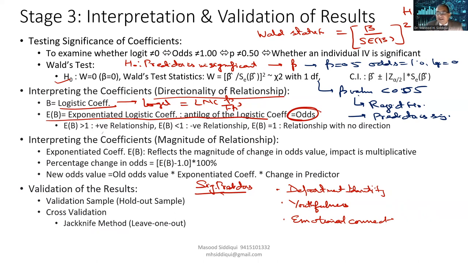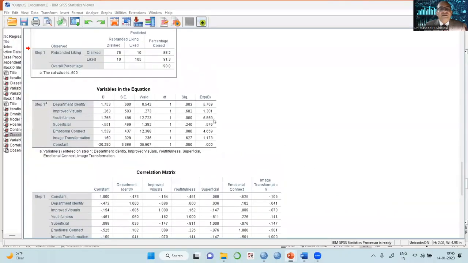Remember, if the logit is positive, the exponentiated coefficient would be greater than 1, and we have a positive relationship. If the logit is negative, the exponentiated coefficient is less than 1, which is a negative relationship. So we examine whether the exponentiated coefficient is more than 1 or less than 1. Let me show you the results so that we have a better connect. So these are the exponentiated coefficients.